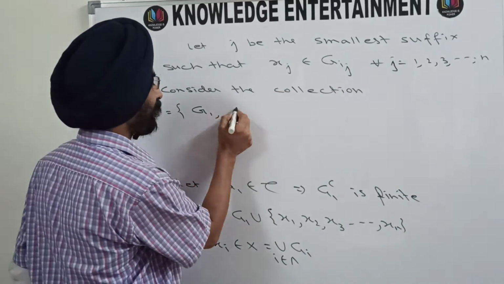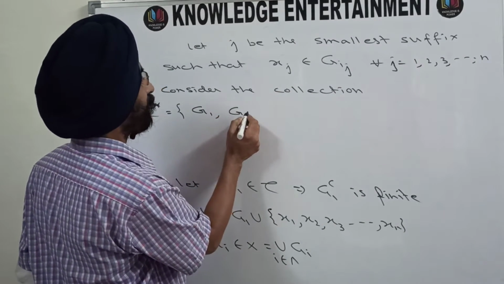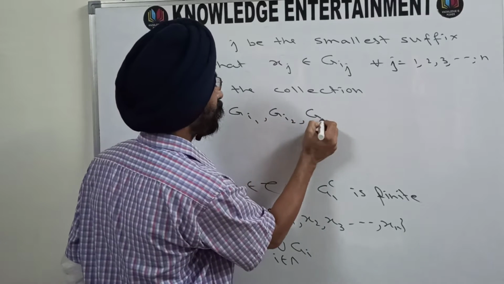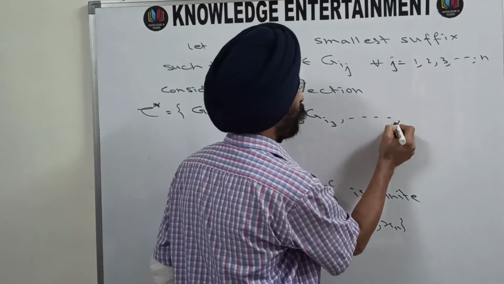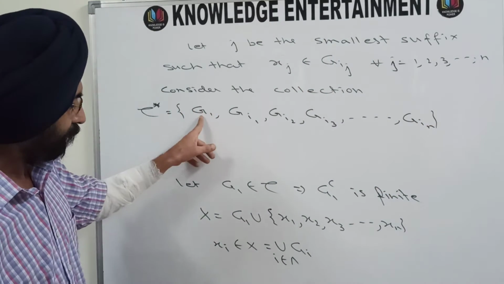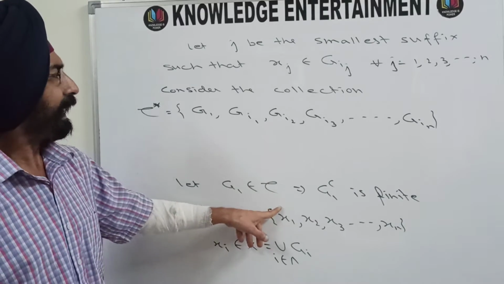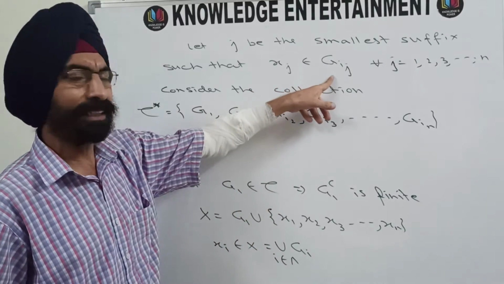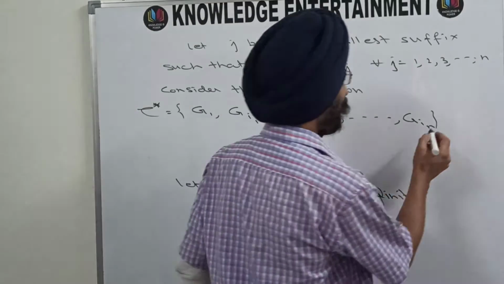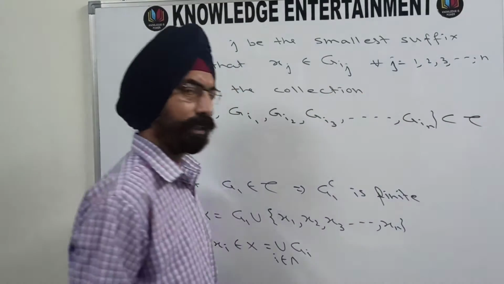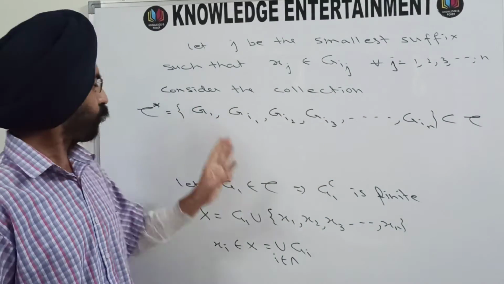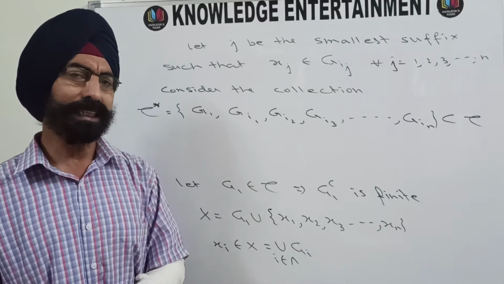So it contains G1, Gi1, Gi2, Gi3 and so on up to Gin. This G1 is a member of C, and each of these Gij's is also a member of C. So this collection is a subset of C, because each of the members of C star is coming from C. So C star is a sub collection of C.